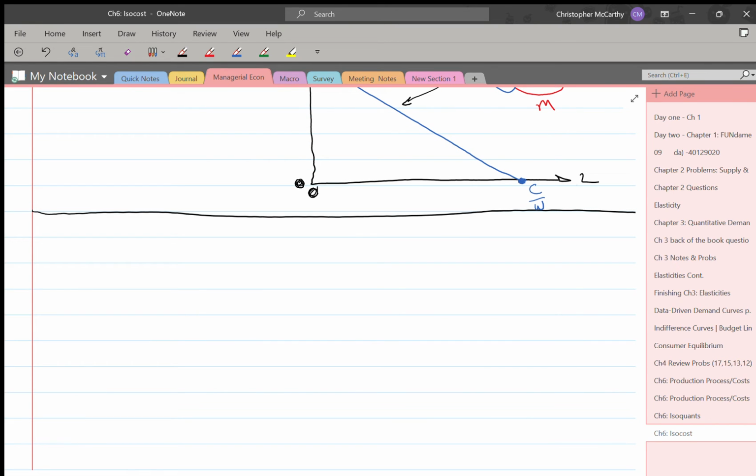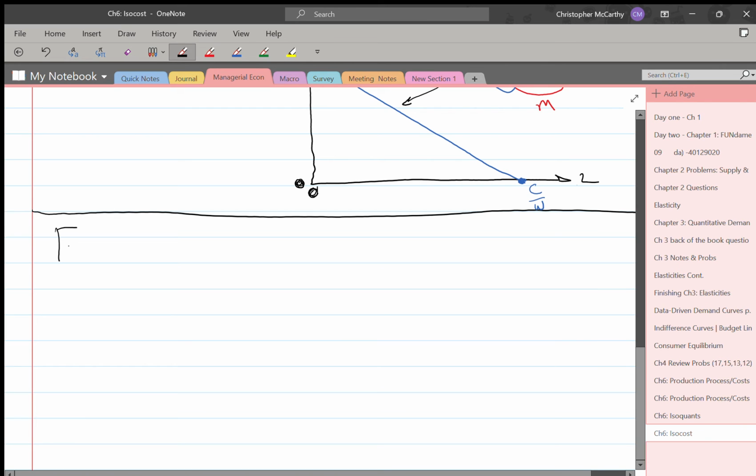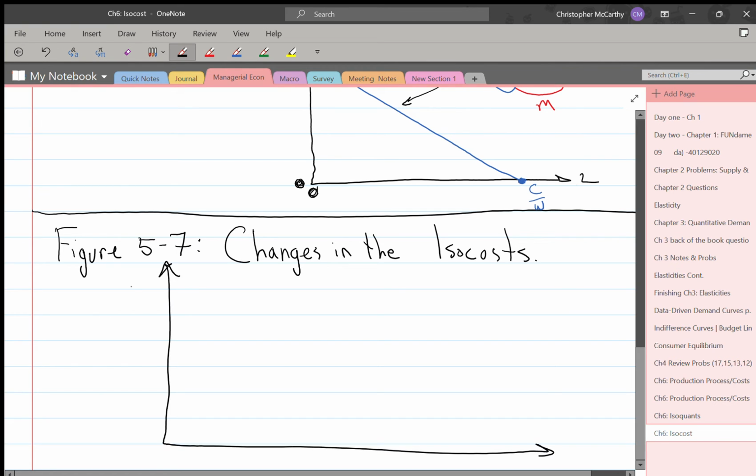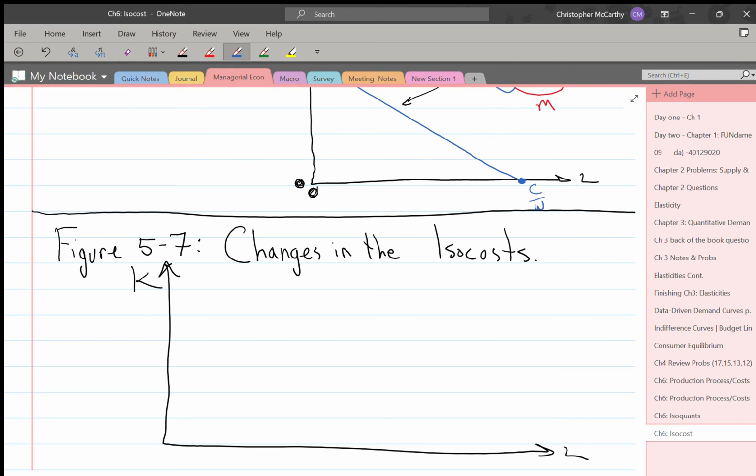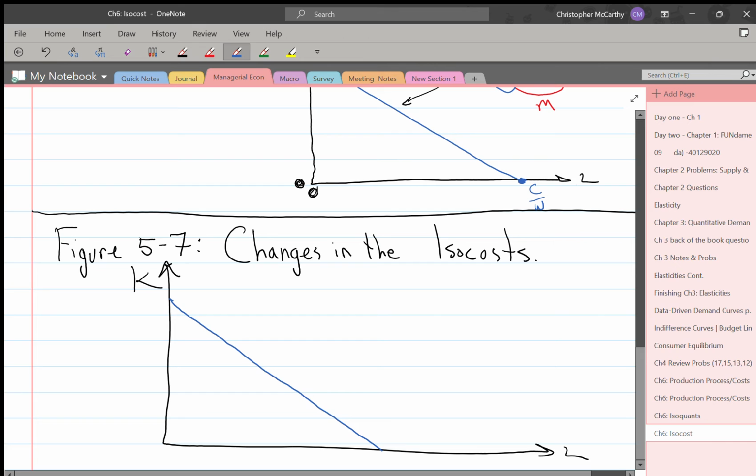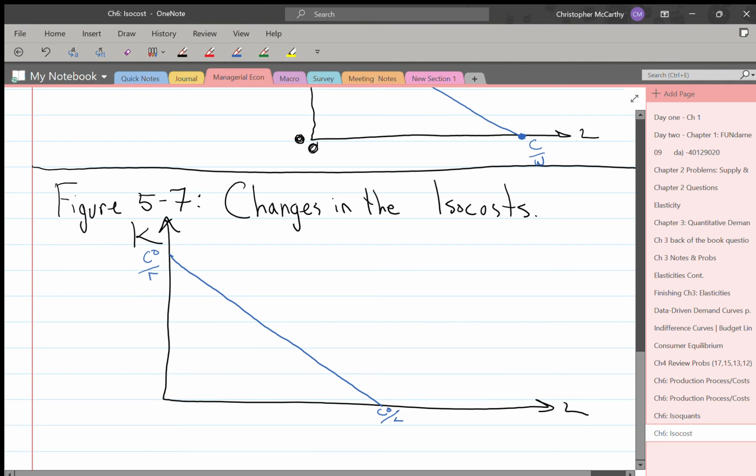All right, 2 more graphs, then we're out of here. So what happens if I am going to be consuming a more expensive bundle?